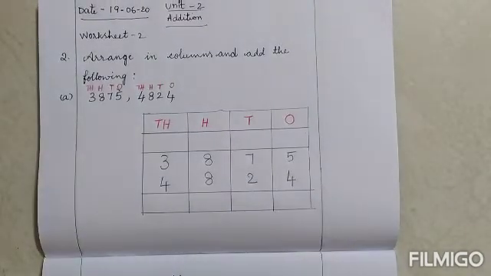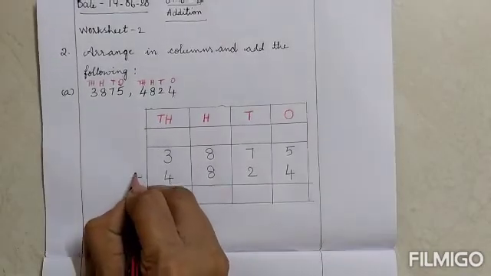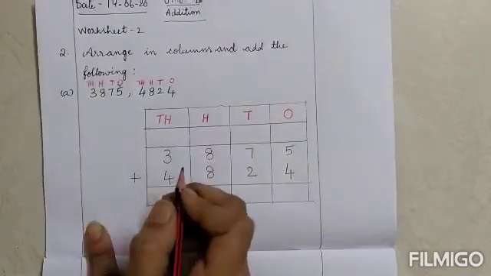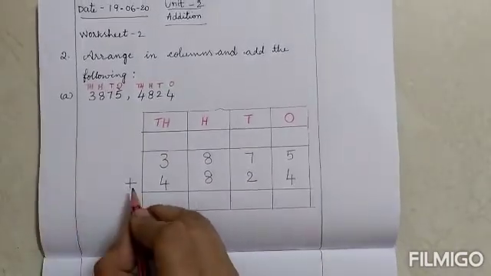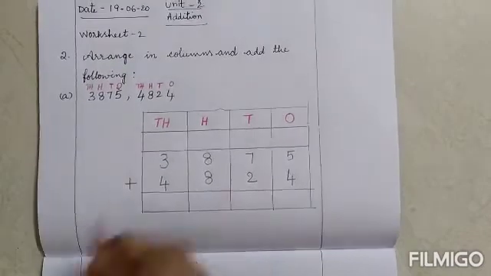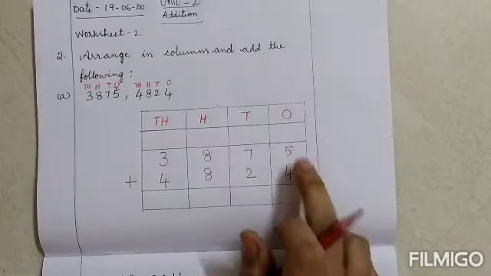We have to do the addition. That means the plus sign will come next to the table. Children, remember, not in the margin. That plus sign should come next to the table. Now start adding from ones place.